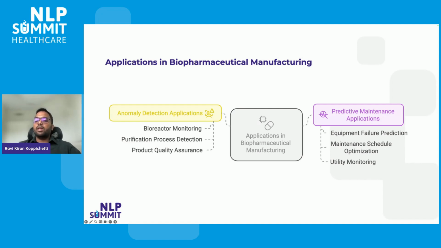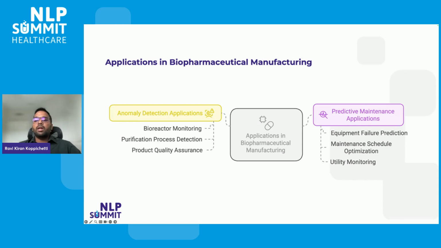The sensors collect data on parameters such as vibrations, temperature, and pressure, which the ML models analyze to predict when a component is likely to fail. For example, a gradual increase in vibration levels in a centrifuge might indicate wear, prompting maintenance before a catastrophic failure occurs. This proactive approach minimizes downtime, reduces repair costs, and extends the lifespan of critical equipment.